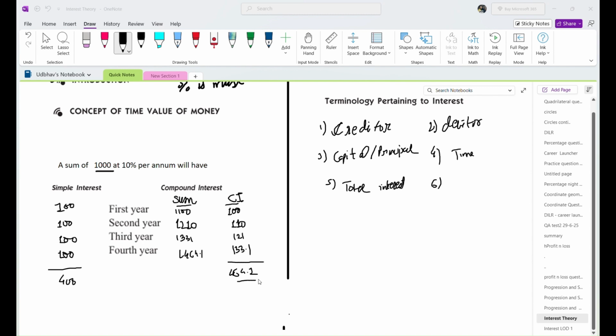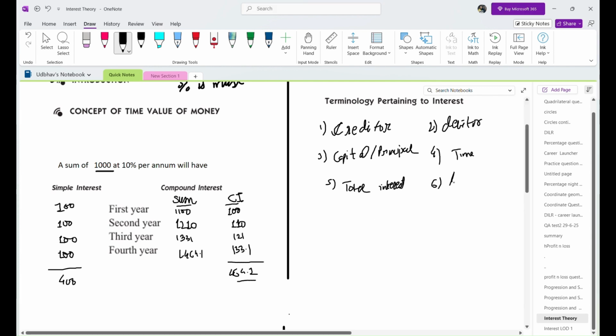Then the sum of the principal and the interest at the end of any time is called amount. What is amount? Amount is just principal plus the interest. Like, let's say you have invested money for 5 years, and you are getting a total interest of 500 rupees on a sum of 1000.